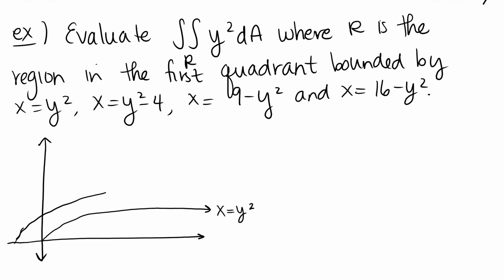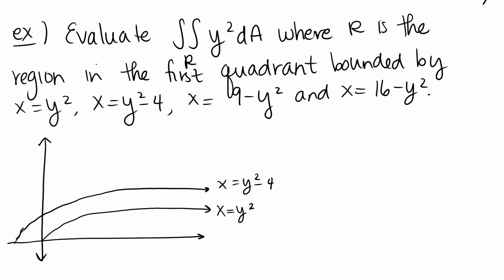And so we're going to have something like this. This is x equals y squared minus 4. And then when we look at it the other way, 9 minus y squared, that negative just flips that parabola and makes it go this way, and then it shifts it to the right 9.